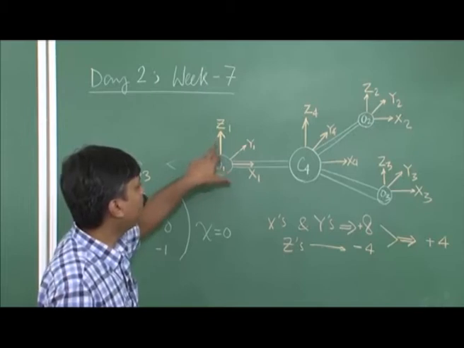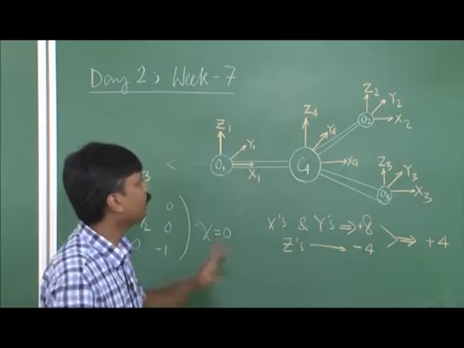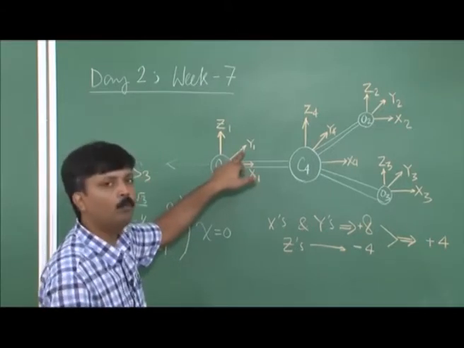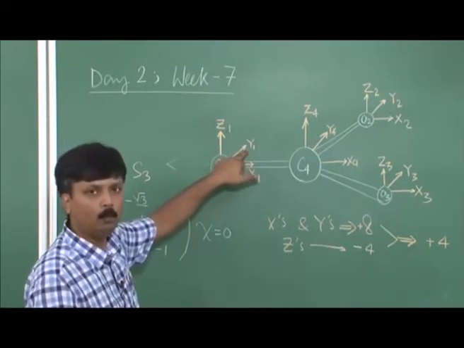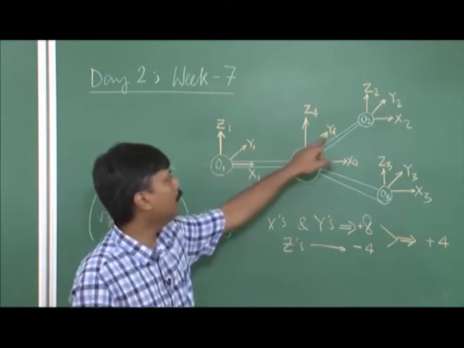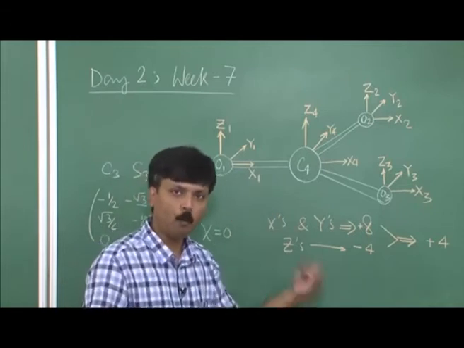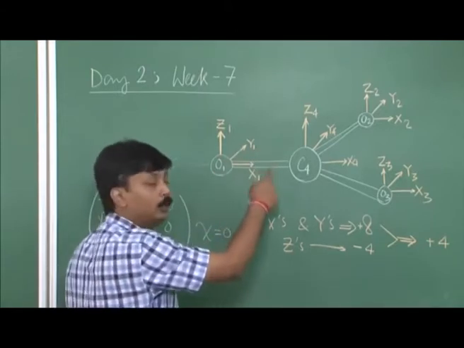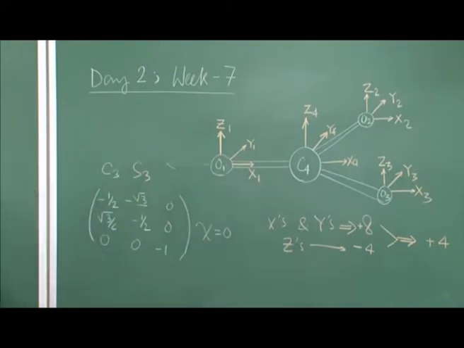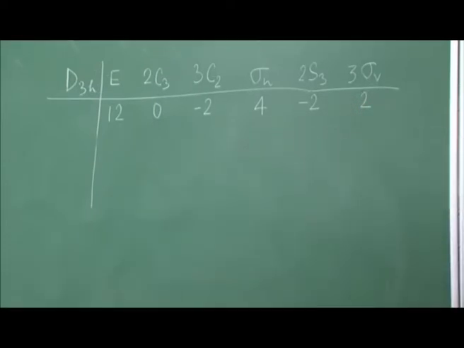So then I have 2 x's and 2 z's, so total 4, while the contribution from y's will be -1, because this xz plane will reflect this plus y1 to minus y1 or plus y4 to minus y4. So there will be contribution of -2 from the side of y's to the overall diagonal. So therefore I have 4 minus 2 equals to +2. So sigma v's will contribute +2 to the overall character of the reducible representation.